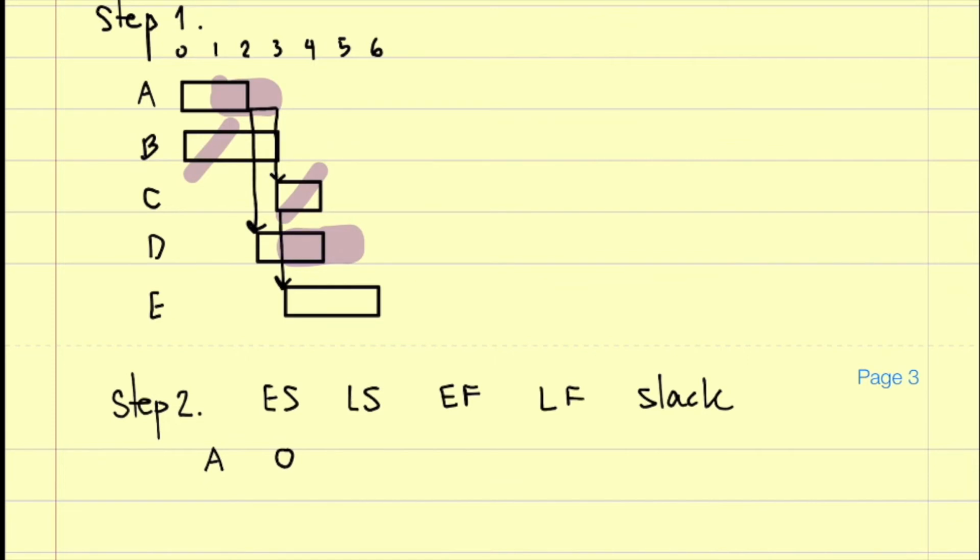So we're cool, right? Great, so late start is 1. Early finish: 2. Late finish: 3. What is the slack? 1.